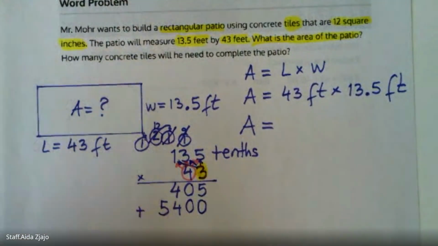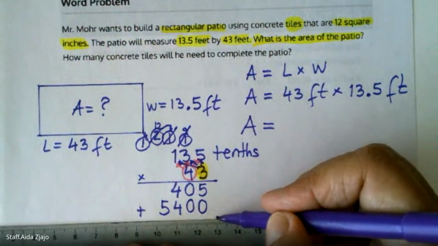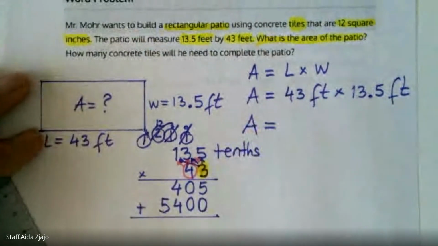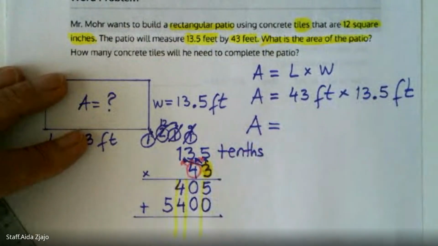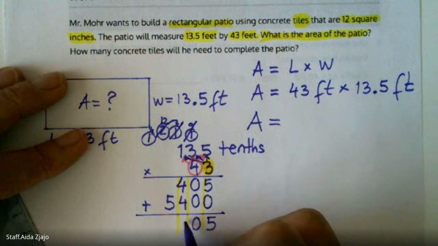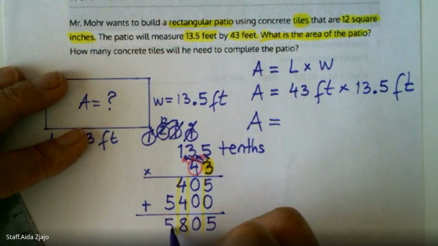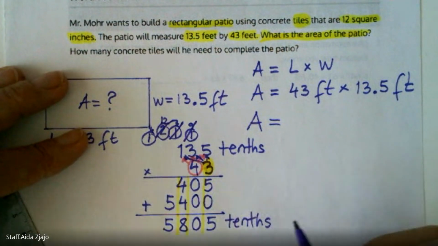So I add those together, and the digits are 5, 0, 8, and 5, but they are tenths. So that many tenths.